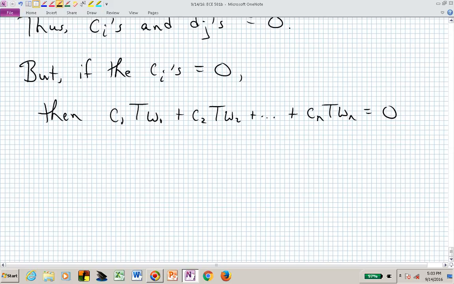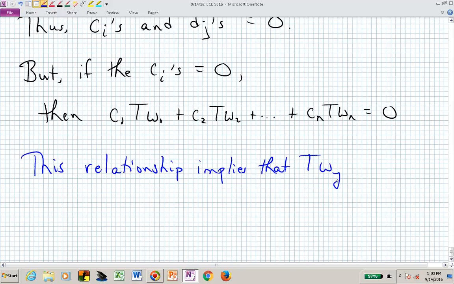What does that say about these columns TW1, TW2, TWn? They're linearly independent. That's what we wanted, wasn't it? This relationship now implies that the TWj's are linearly independent.